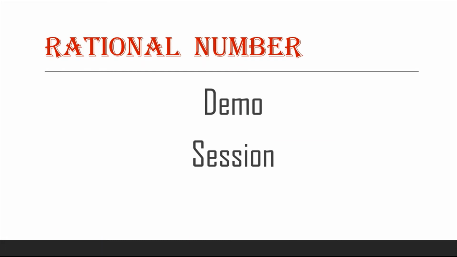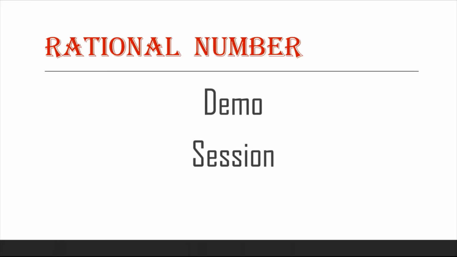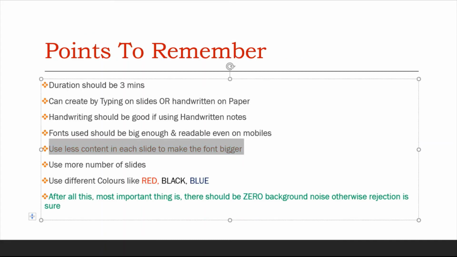See this, I have written only a few words in this slide, so the font size is bigger and on mobile also it will be very visible. If content is less, then font size can be increased.